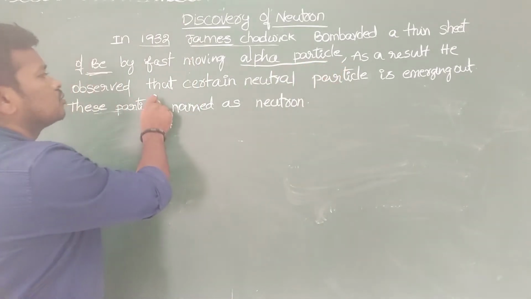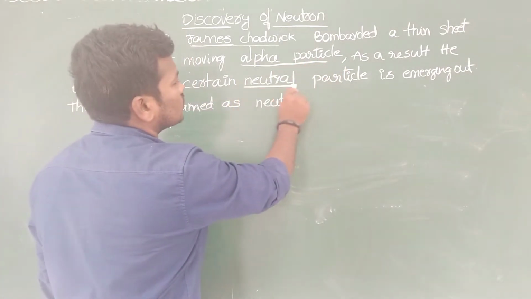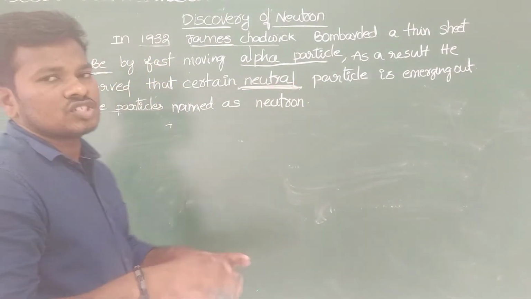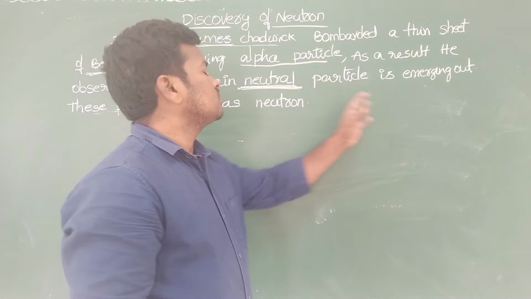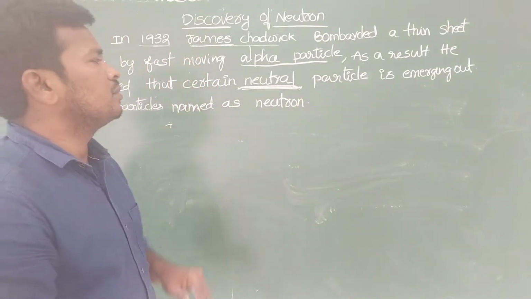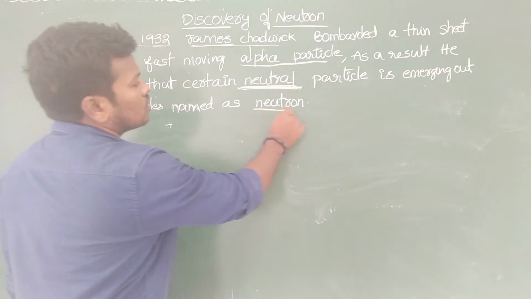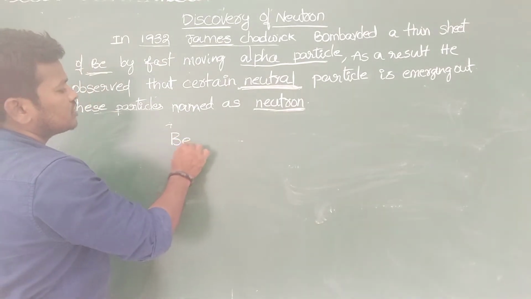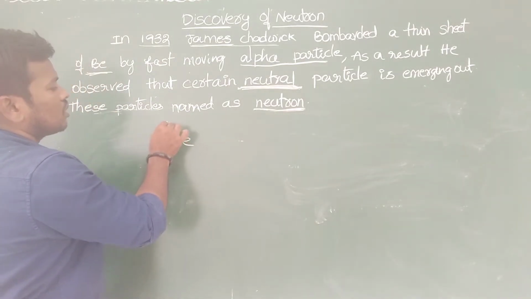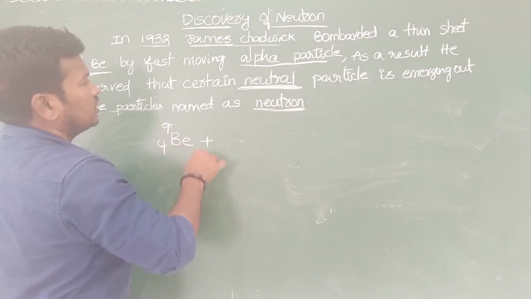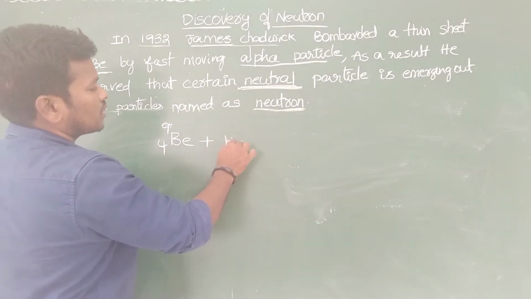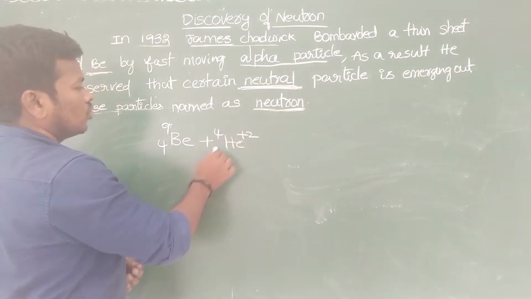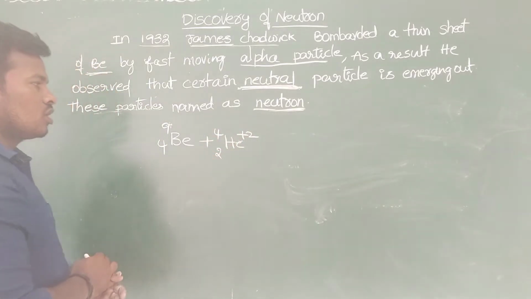As a result, he observed that a certain neutral particle, that means charge is 0, was emerging out. He named this particle the neutron. He took a beryllium thin sheet having mass 9, and bombarded it with alpha particles, He 2+, which have mass 4.